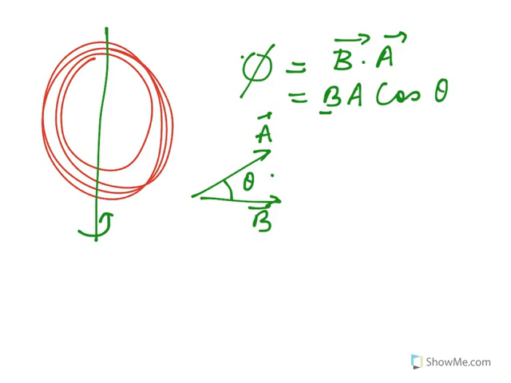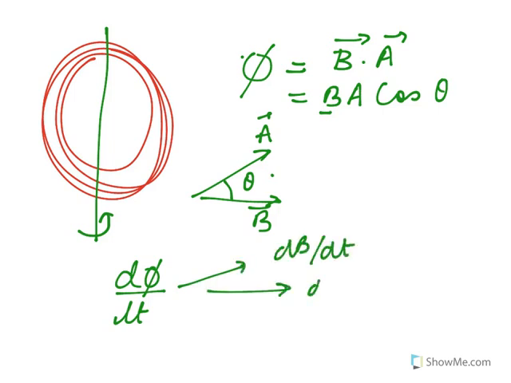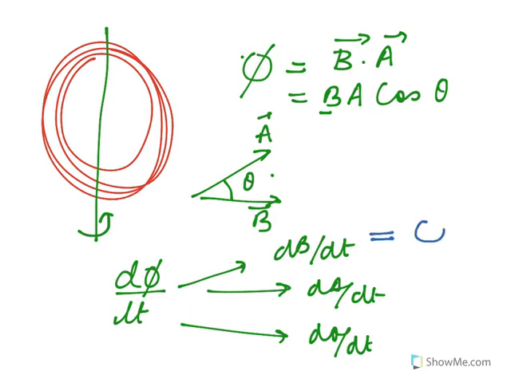So change of flux could be due to dB dt or due to dA dt or due to d theta dt. In this case, since the magnetic field is uniform, B is constant and dB dt is 0.